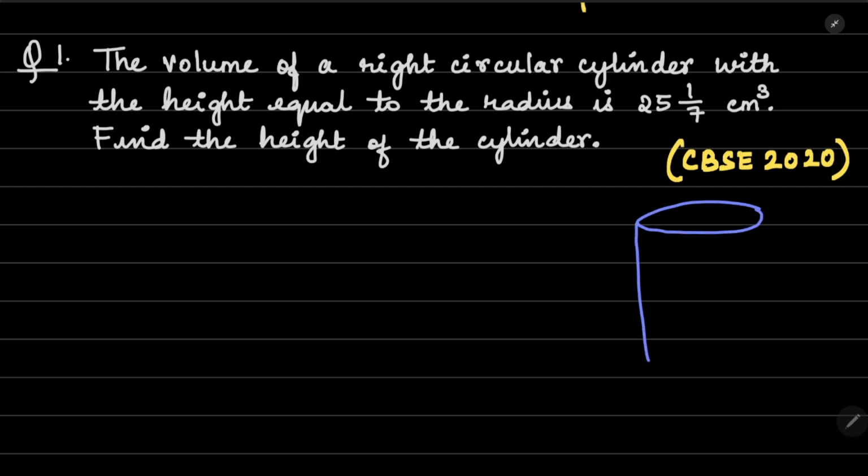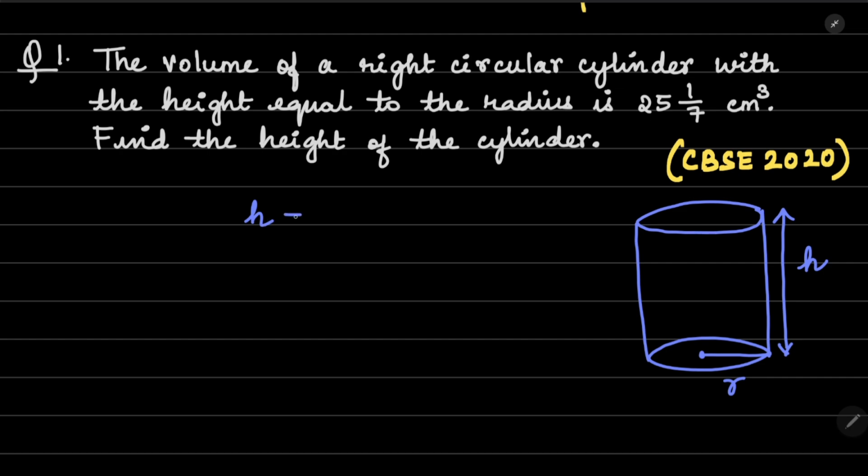Here it is a right circular cylinder, right? So this is your right circular cylinder. It will have a radius of r, and you can denote the height of the cylinder with h. What are you given? The volume of a right circular cylinder with the height equal to radius.